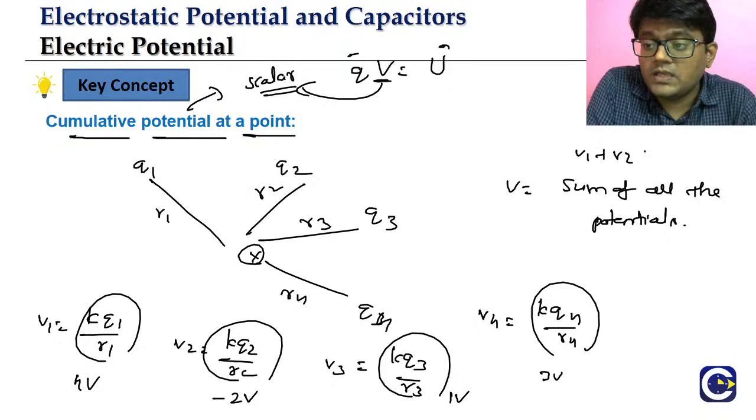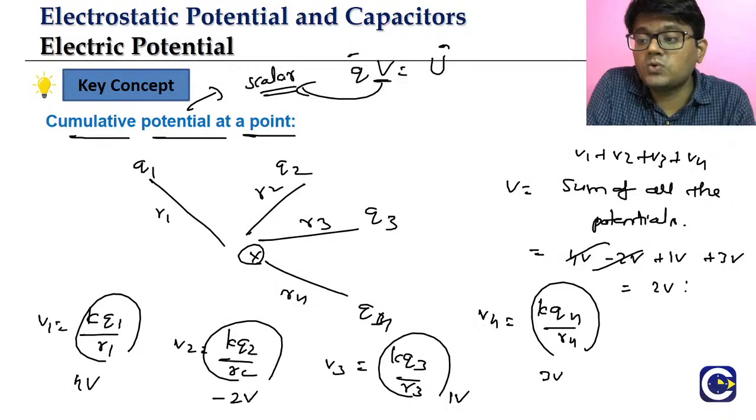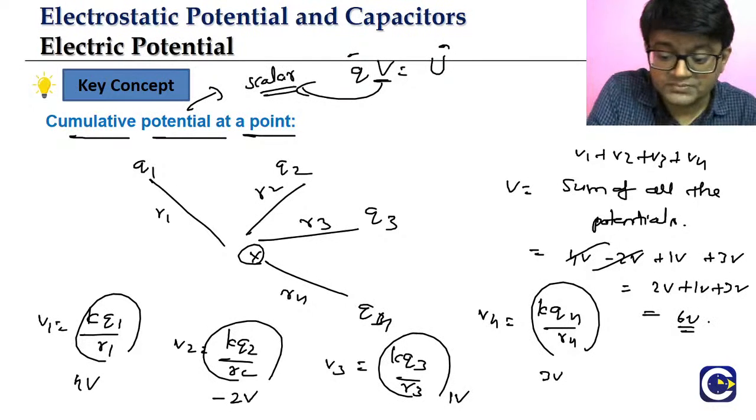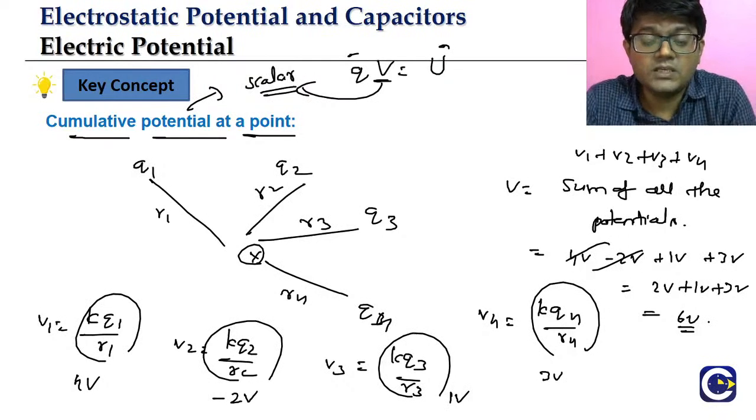V1 plus V2 plus V3 plus V4 is 4 minus 2 plus 1 plus 3. 4 minus 2 is 2 volt; 2 plus 1 plus 3 is 6 volt. It's going to be very straightforward. Vector relations like in electric field won't come, because it is an operation involving scalars, just like adding and subtracting numbers.